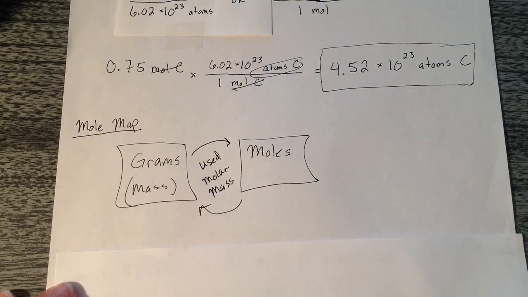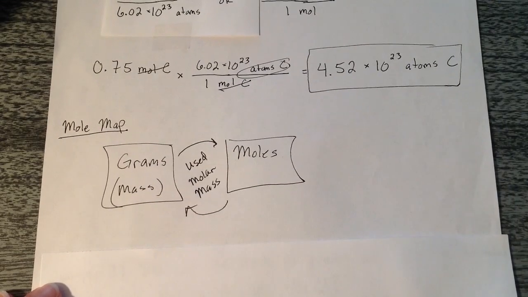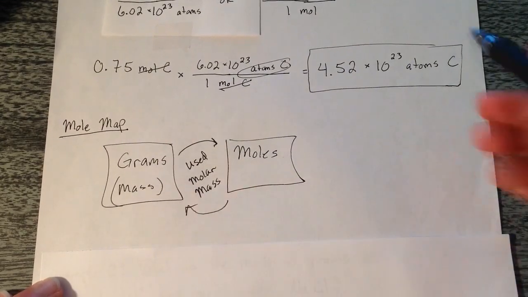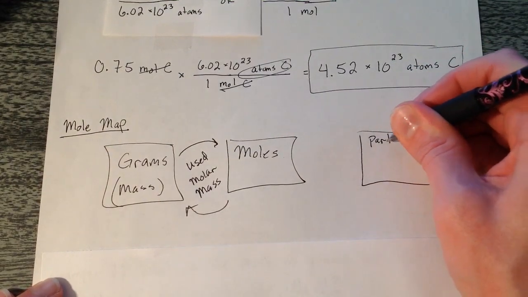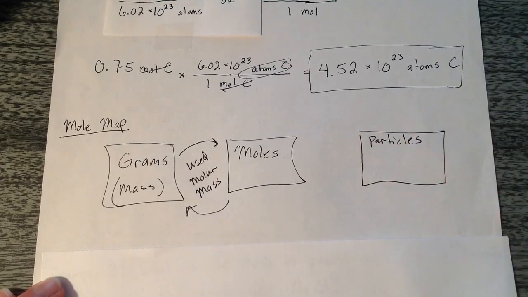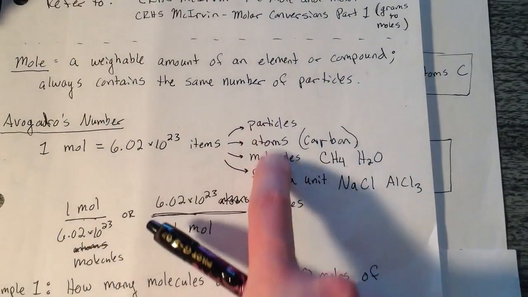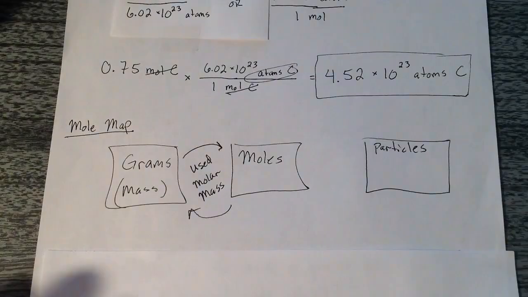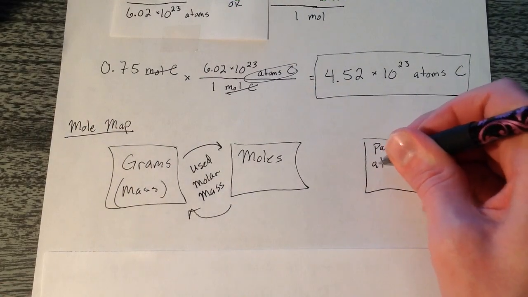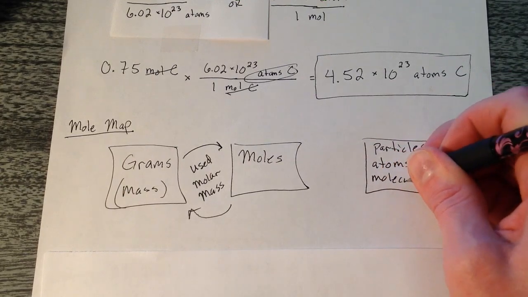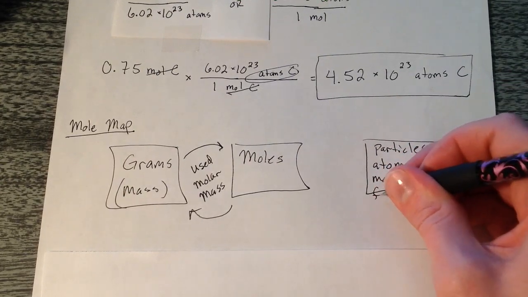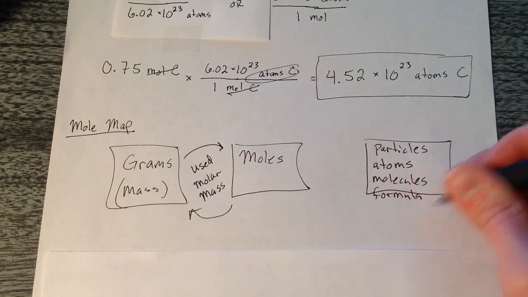Now, what I am suggesting in this video is that our moles can now be related to particles, and it can be related to any of these units that we saw earlier. So particles, I can relate moles to atoms, I can relate moles to molecules, and I can relate moles to formula units.